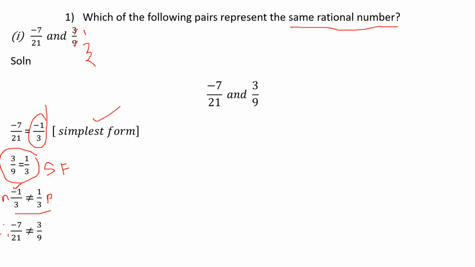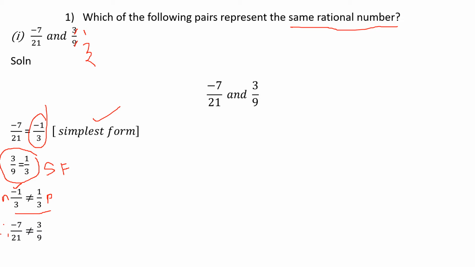Is it clear, children? What is the question? Which of the following pairs represent the same rational number? They have given the first question: minus 7 by 21 and 3 by 9. We want to check whether minus 7 by 21 is equal to 3 by 9, whether these two rational numbers are equal or the same. First, take the two rational numbers separately.